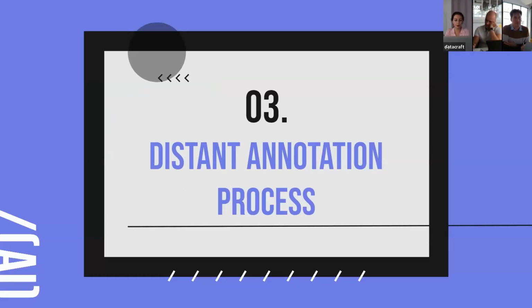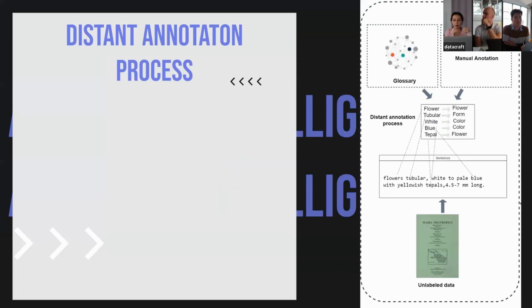So now I will tell you more about the distant annotation process that I have developed. We all know that in order to train a deep learning model, typically in our case, a named entity recognition model, we need to have an annotated data set. In our case, it has to be an annotated species descriptions data set with each named entity annotated with the class we want it to belong to.